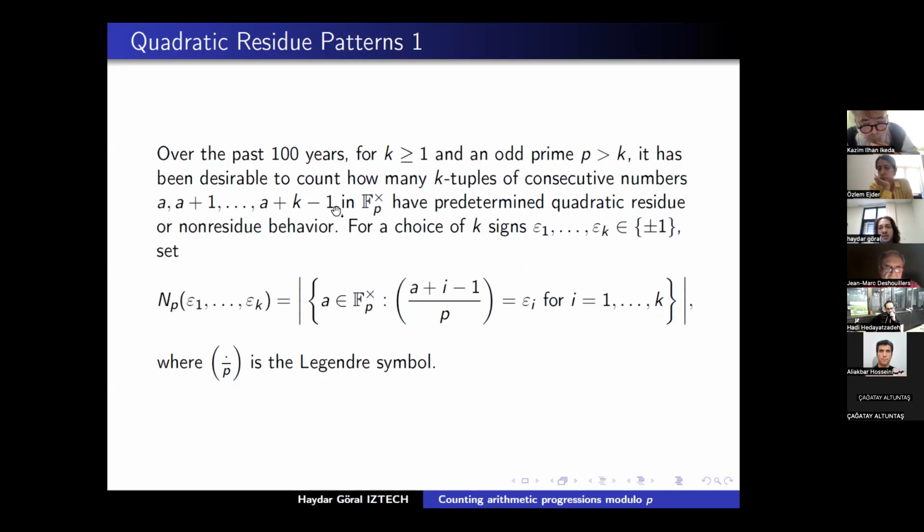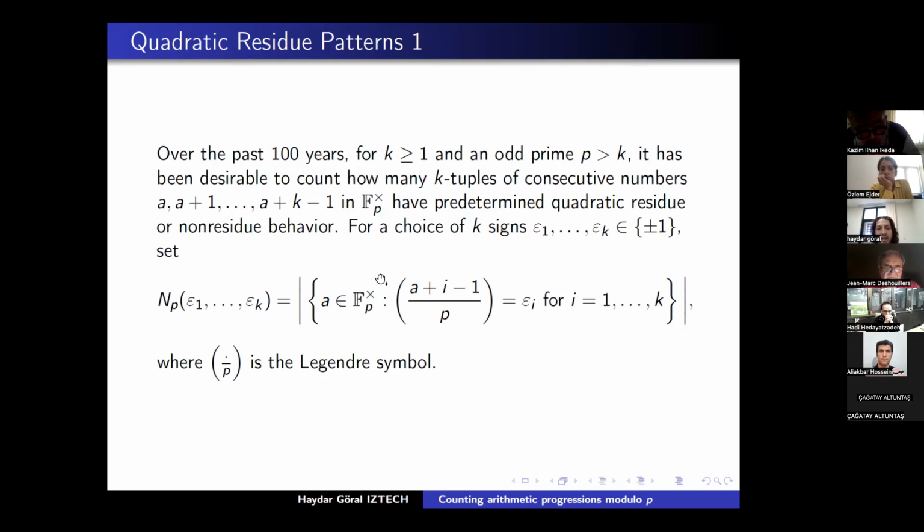So you have k many numbers, and you try to understand their patterns. So either they are quadratic residues or quadratic non-residues. So for this, you choose your signs, epsilon 1, ..., epsilon k, from the set plus or minus 1. And you count the number of elements in this set. Call it, for example, N_p(epsilon 1, ..., epsilon k).